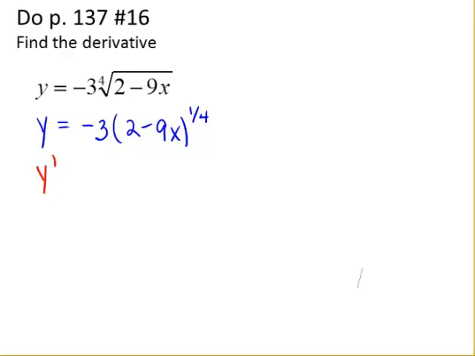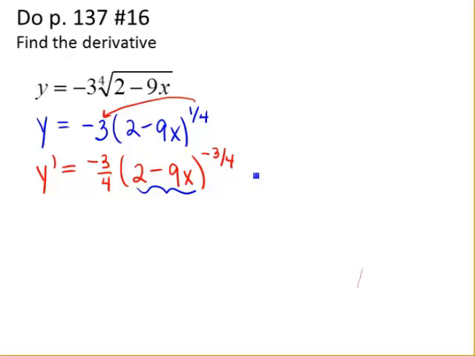So the derivative of y ends up being, bring this out in front, you're going to hear me say this many times, negative 3/4. Rewrite it, 2 minus 9x, lower it by 1. So 1/4 minus 1 is negative 3/4. Now the last step is to take the derivative of what's inside. The derivative of the 2 is 0, and the derivative of the negative 9x is negative 9.